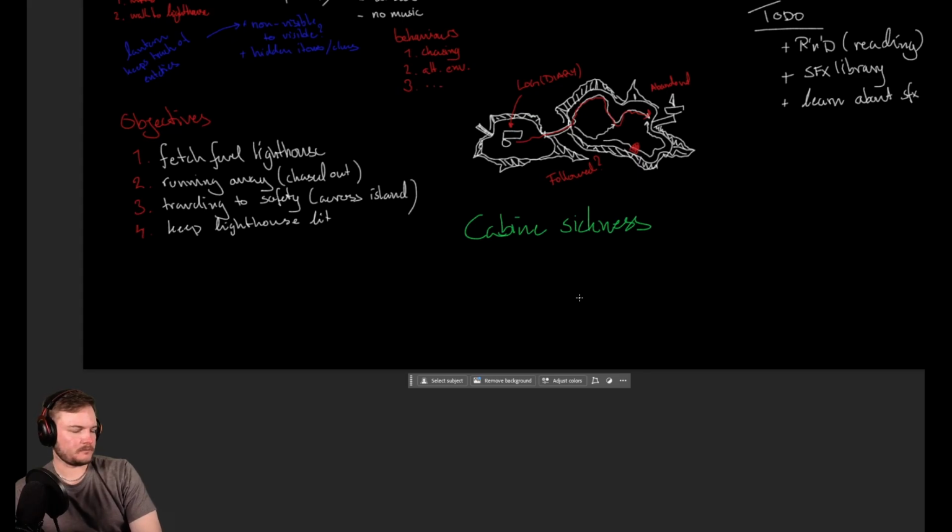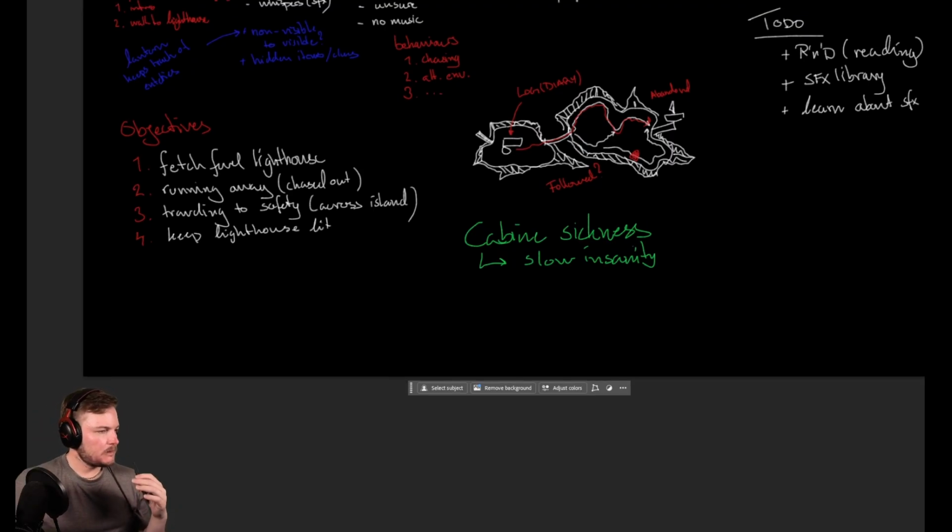Kind of like that. Let's call it slow insanity. That's probably my best bet to slowly make the character the player controls go insane. I kind of like that. What else? What else could Pinterest offer us?